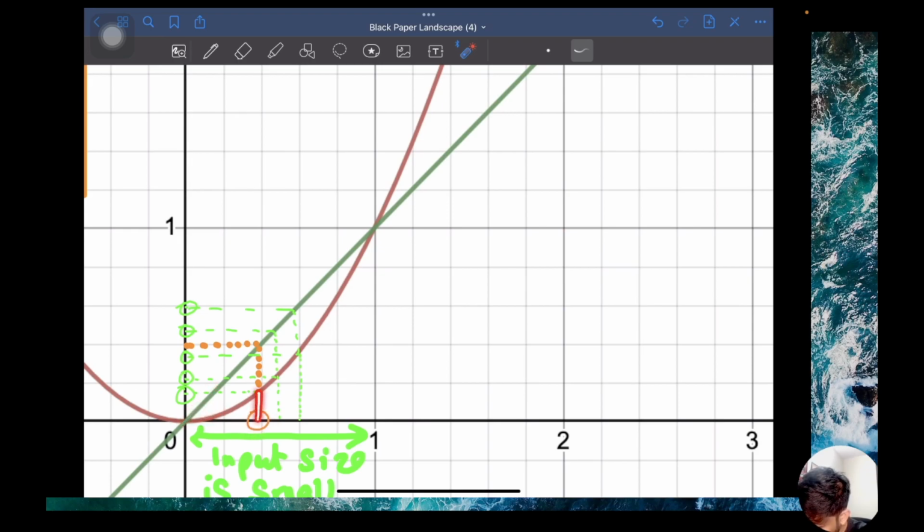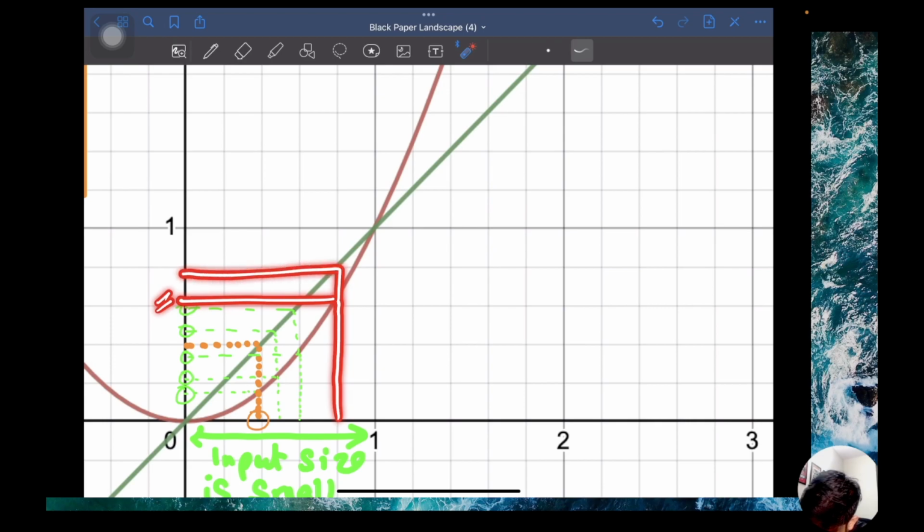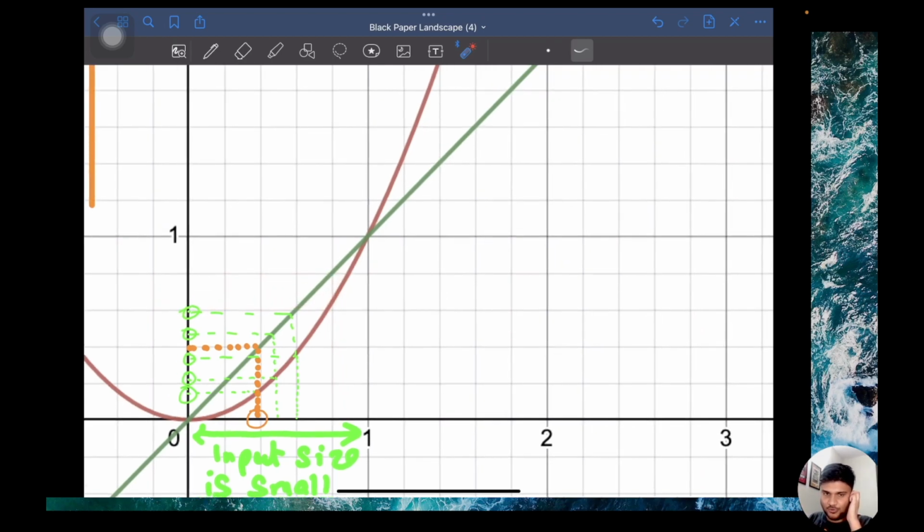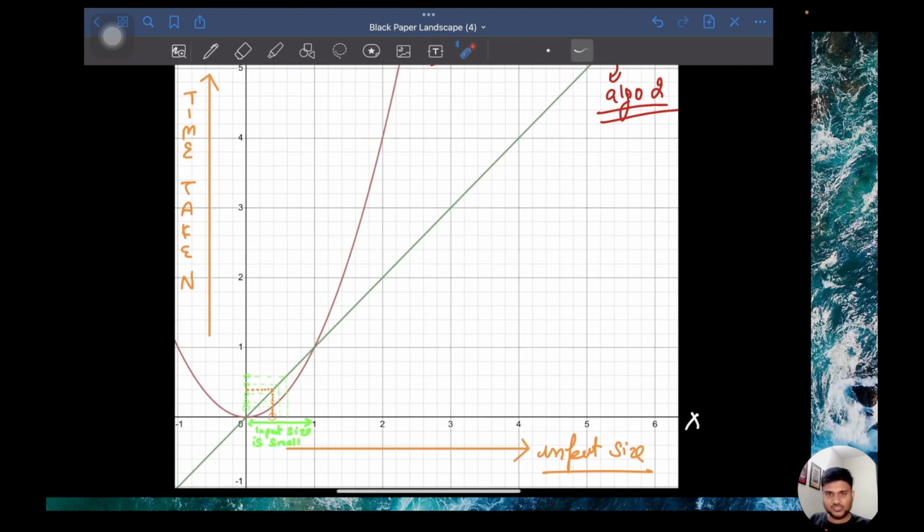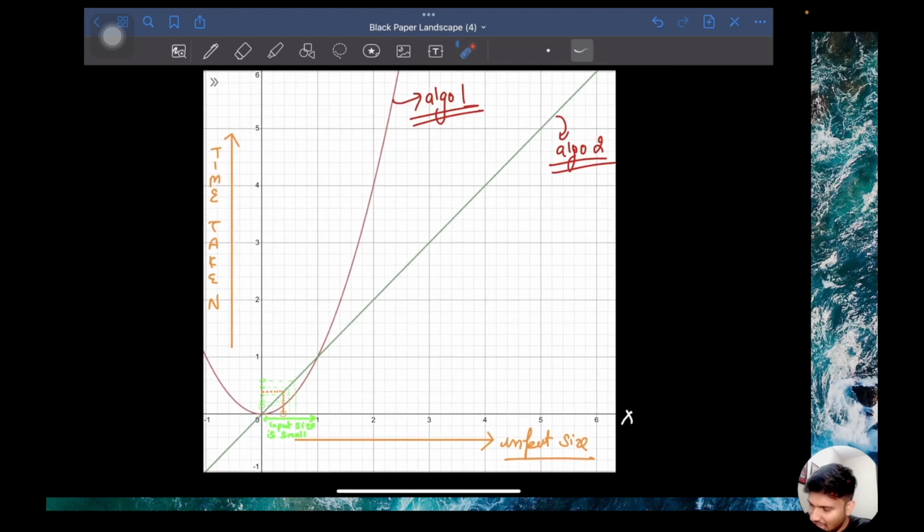So algorithm 1 is taking less time when compared to algorithm 2. Can I say that? See, for this same value, algorithm 2 is taking somewhere here, whereas algorithm 1 is taking somewhere here. Even if you see here something like this, algorithm 2 is taking something like this, whereas algorithm 1 is taking something like this. So when the input size is very small, definitely algorithm 1 is working way better than algorithm 2.